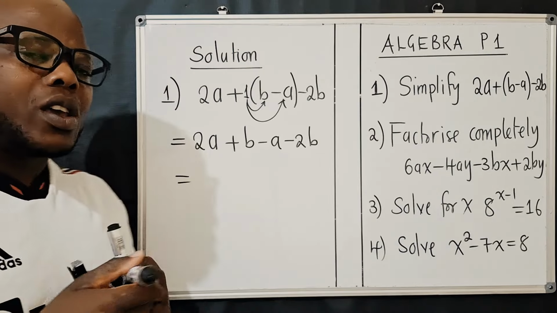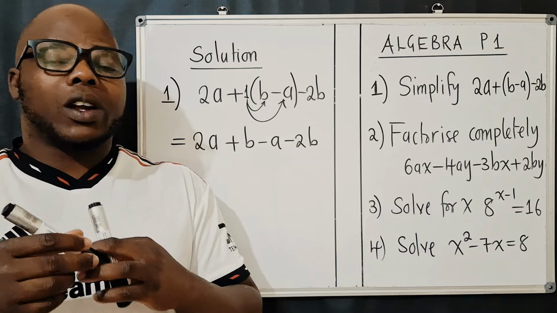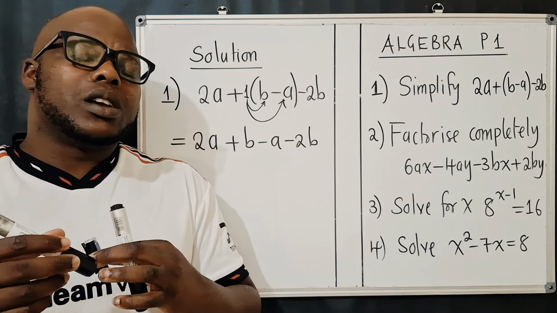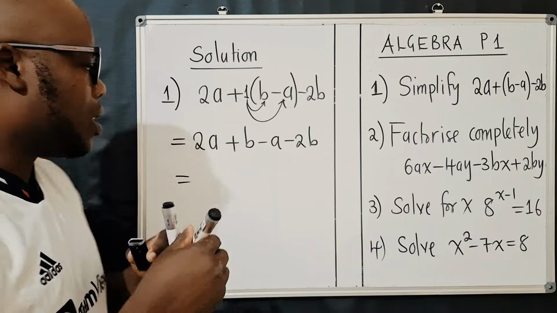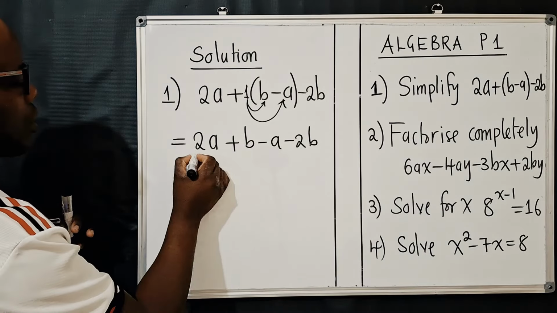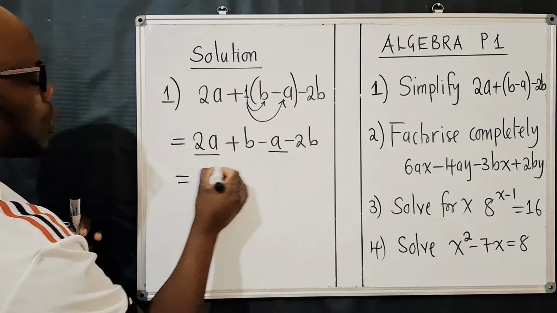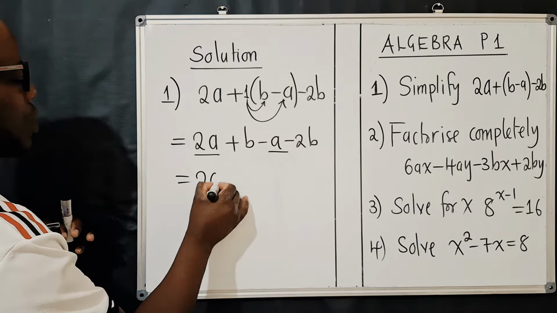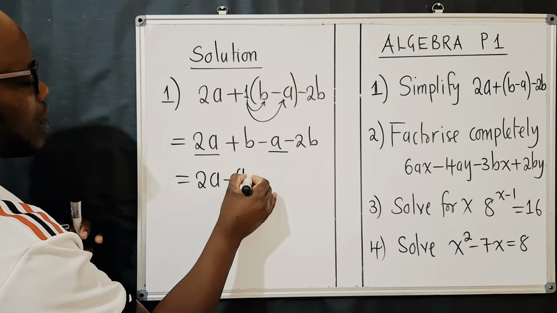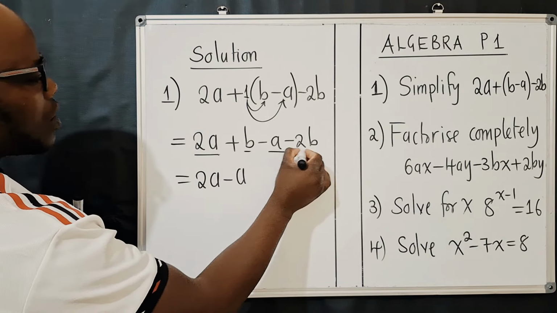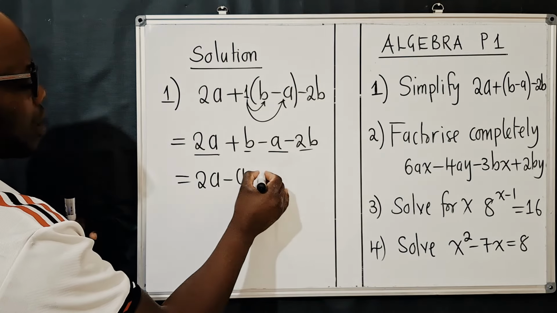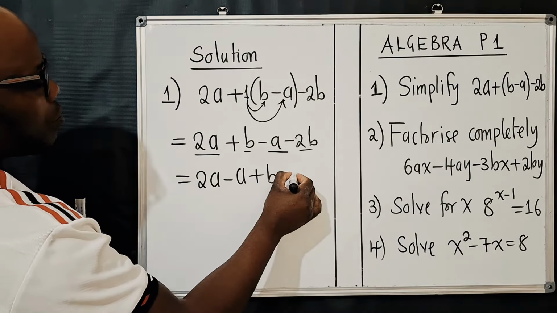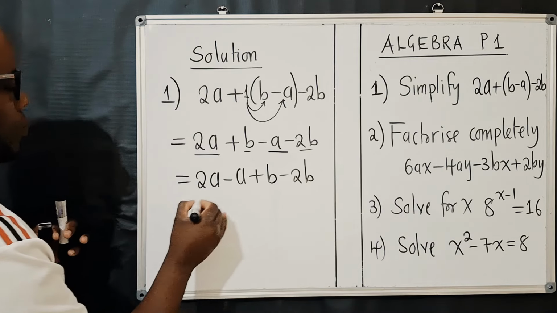Since we've gotten rid of the brackets, the next step will be to arrange our work or to group our work according to like terms. So 2a and a will be together. That's 2a minus a. And then b and negative 2b, it will be together. So it will give us b minus 2b.